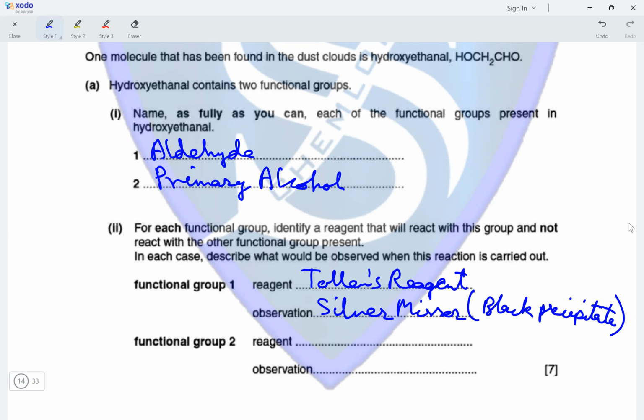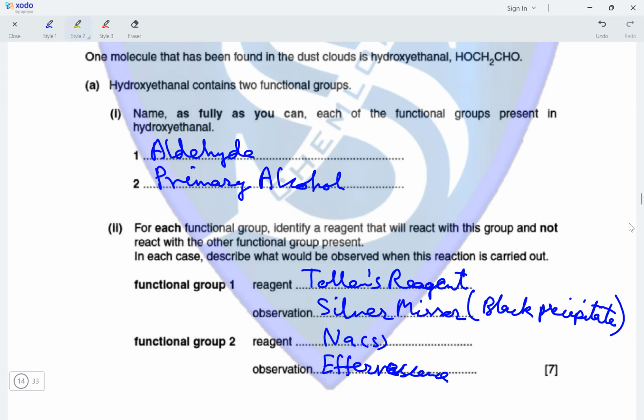As for the alcohol group, we can have addition of sodium metal, which would result in effervescence. And this effervescence would be for the hydrogen gas produced.